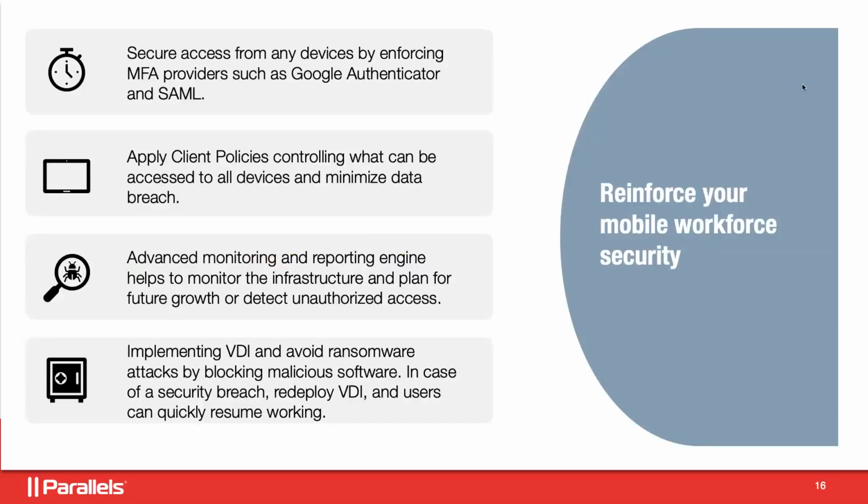We have client policies controlling what can be accessed from the devices. So, yeah, if we want to ensure that no data is being taken out of the environment, we could disable USB drives. We could disable drive redirection in general. We can stop clipboard access.